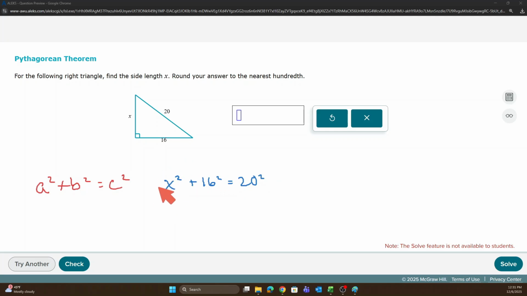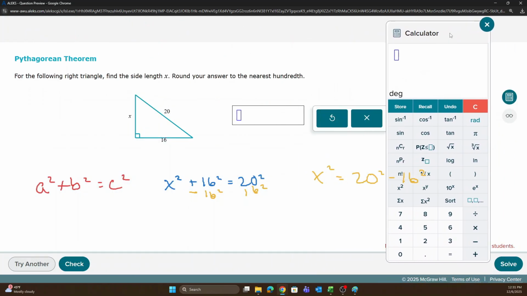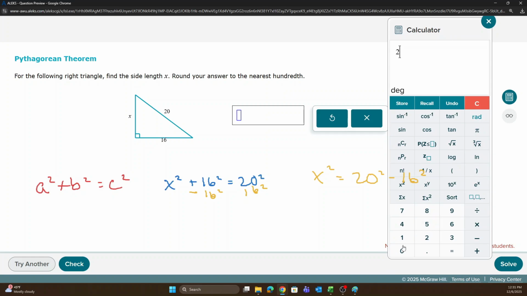Now, since we're trying to solve for x, we need to move everything else to the other side. So let's subtract 16 squared from both sides. And we get x squared equals 20 squared minus 16 squared. Now, just in case you don't know these off the top of your head, you can use your calculator here. We have 20 squared is 400.